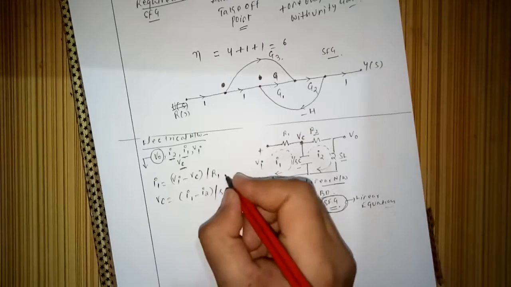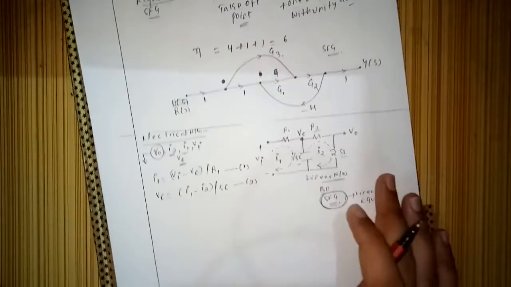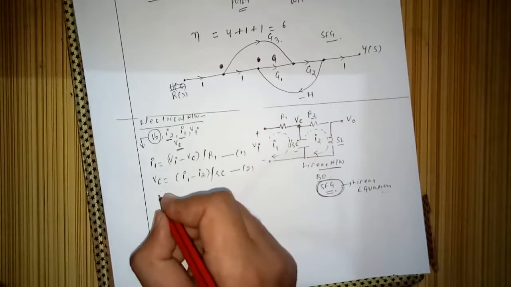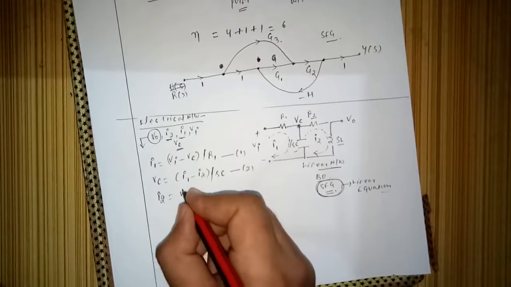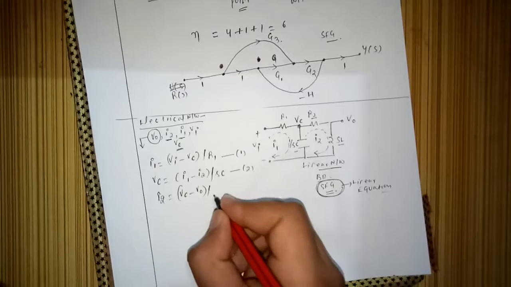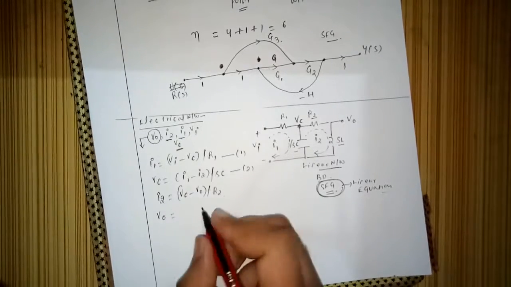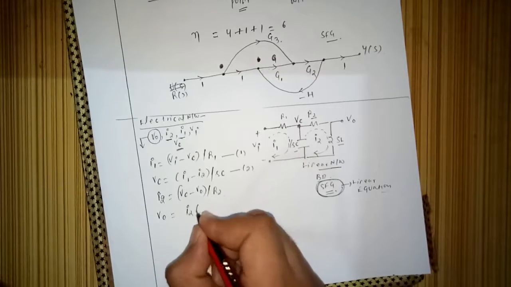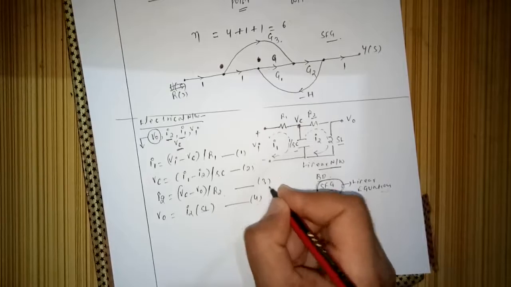This is the equation for VC. And the third thing, we need to get I2. I2 we can get as VC minus V0 by R2, and V0 is equal to I2 into SL. So we obtain a set of 4 equations.